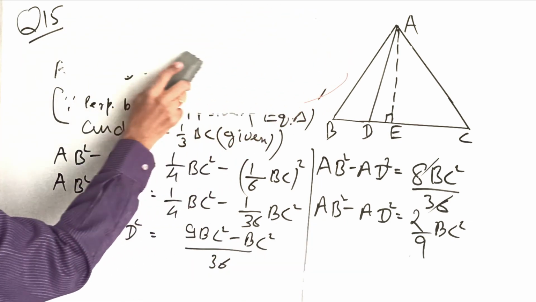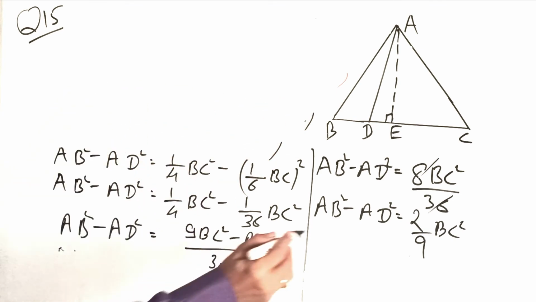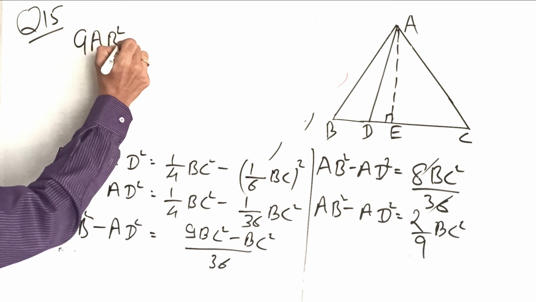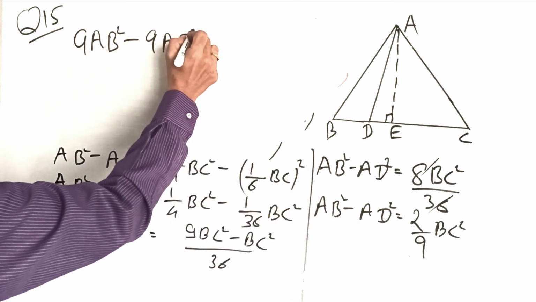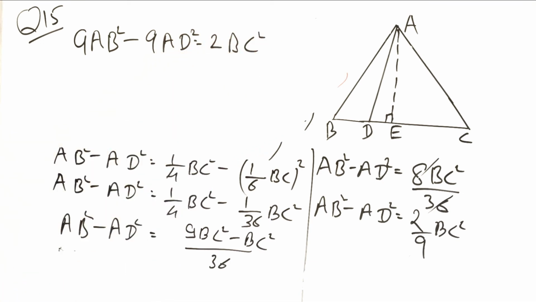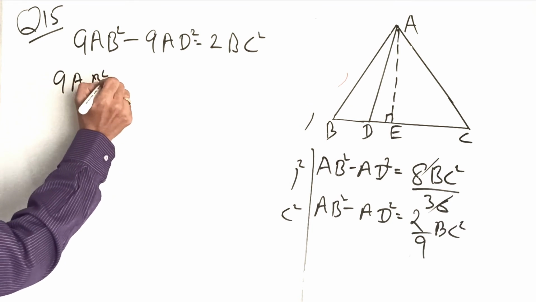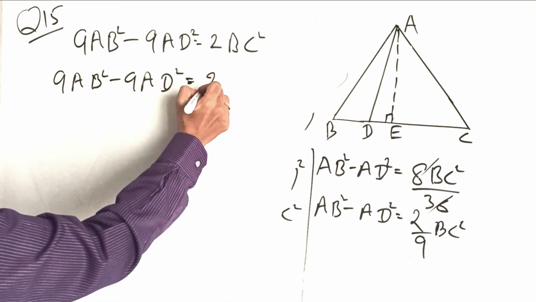Listen. So cross multiply this, so we will get 9 AB square minus 9 AD square is equal to 2 BC square. So we can write here 9 AB square minus 9 AD square and 2 AB square.